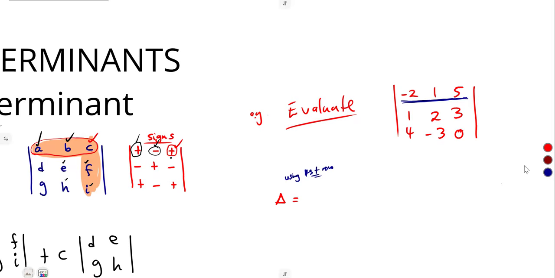So we must consider what is it that we have on that first row. Element 2, element minus 2, element 1, element 5. These are the elements that we have. So minus 2 as our first element here corresponds to which sign? Plus. Remember from our maths of sign, plus, minus, plus.